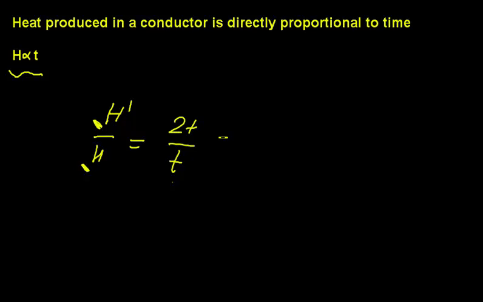So we can say that if the time for a current to pass in the conductor is doubled, then heat also gets doubled, or I can write in this particular manner, H dash equals 2H right here. In a similar manner, we can make half. So if the current is passed through a conductor for half the time, then the new heat will become half.